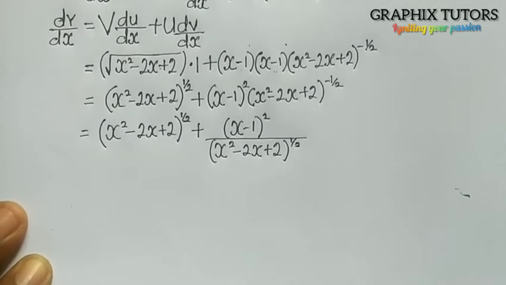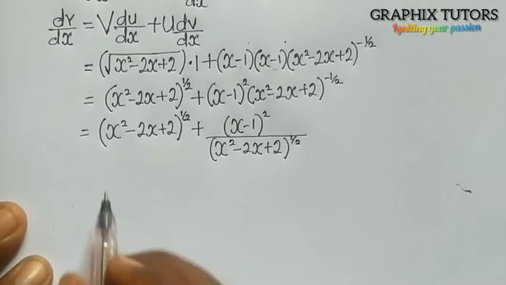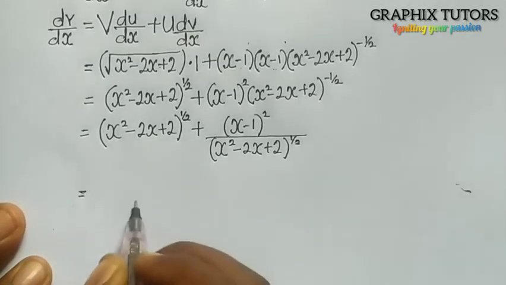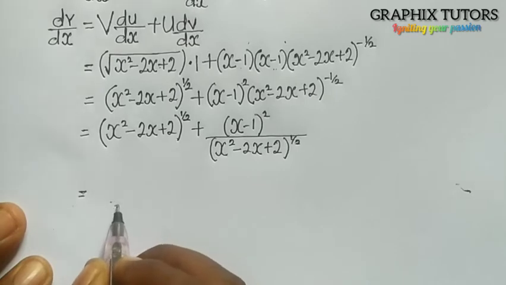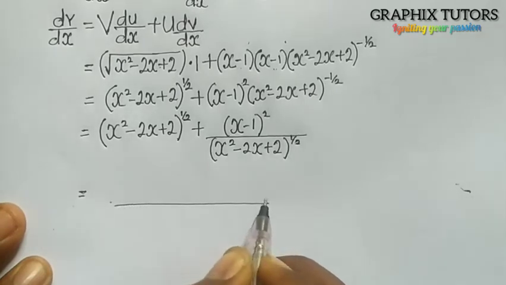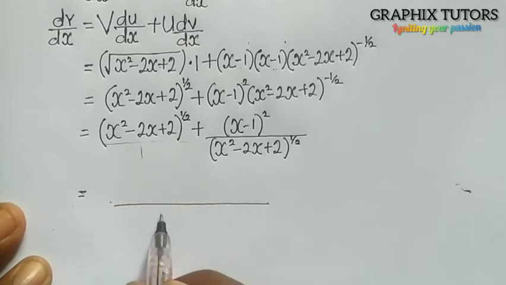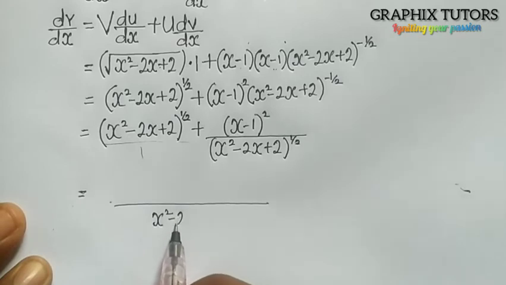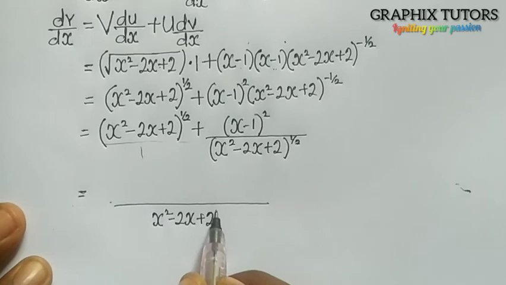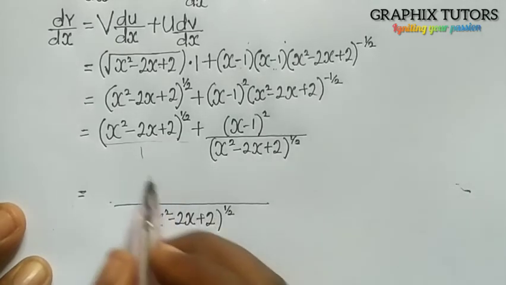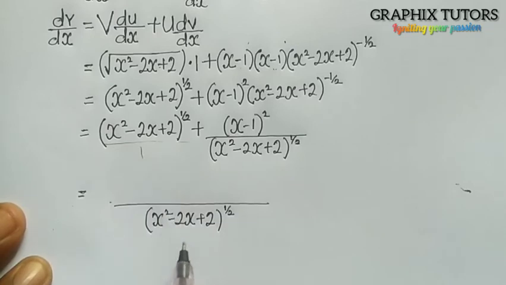Now we're moving further. From here, we'll look for the LCM. This has a silent 1 under, meaning that our LCM is x squared minus 2x plus 2 all to the power of 1 over 2. Now 1 in this will give me this.